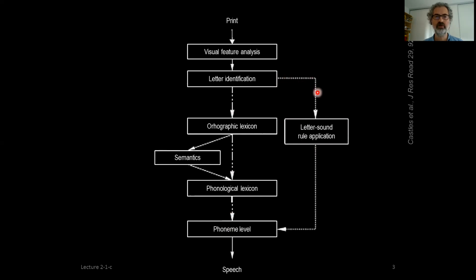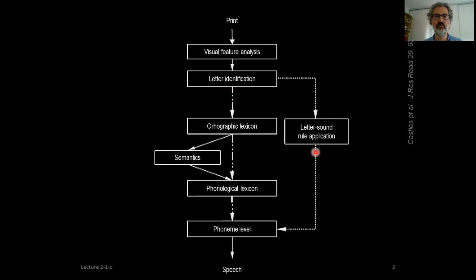Both routes work simultaneously. But if you already know the word, and it's not too rare, so it can actually be activated in a reasonable amount of time based on the letter identification, what will end up happening most of the time is that the word will be identified, mapped, and pronounced before this is done converting, although it is converting. However, if you see a word that you don't recognize, you've never seen before, or you don't remember, then this will not produce anything, or may take very long to produce anything.